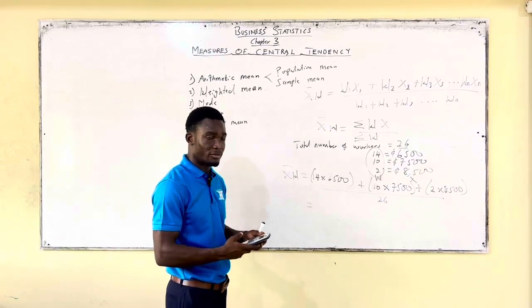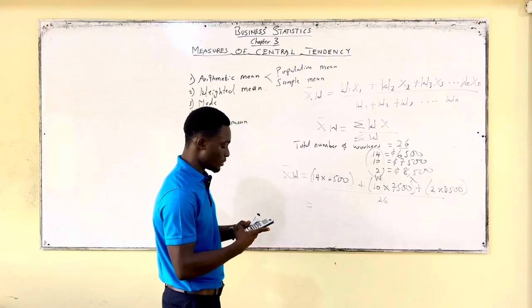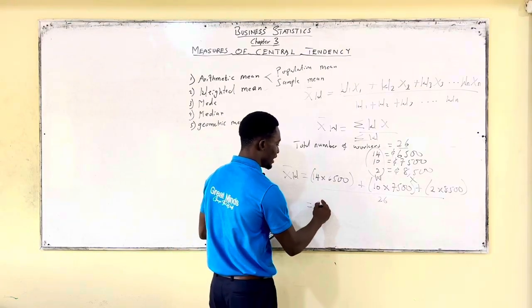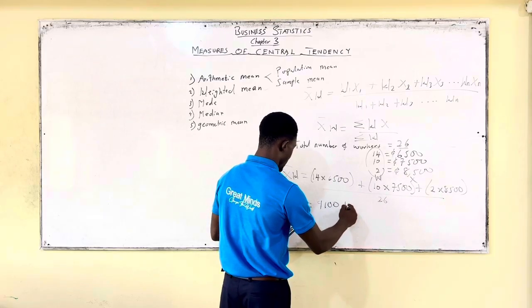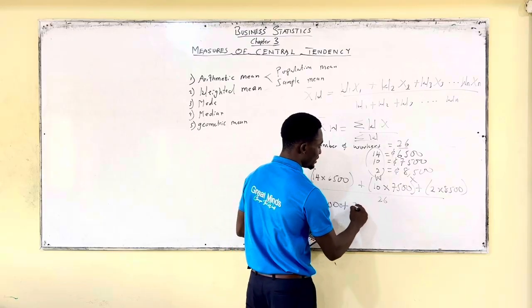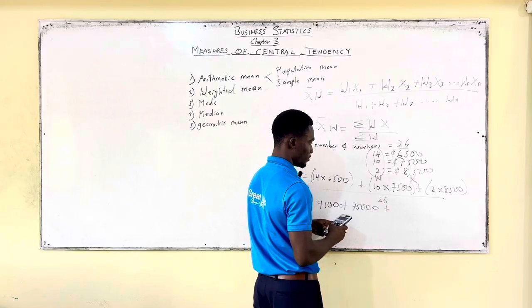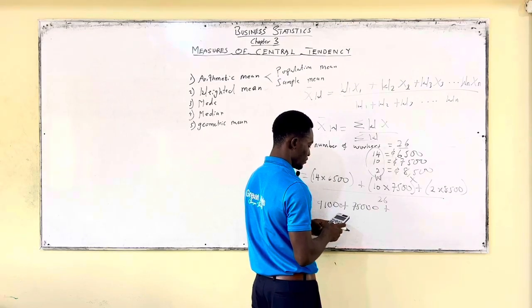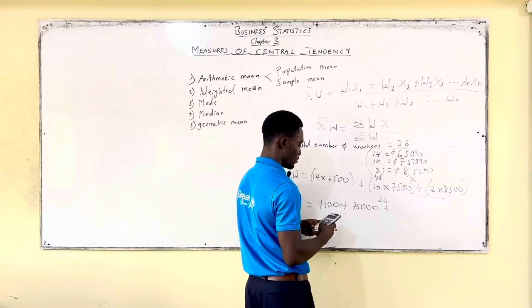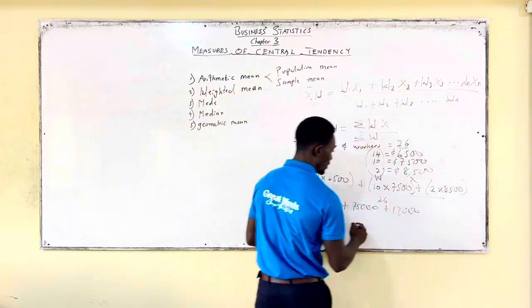feel free to pause the video and calculate it yourself. So here we have 91,000 plus 75,000 plus 17,000. Right.